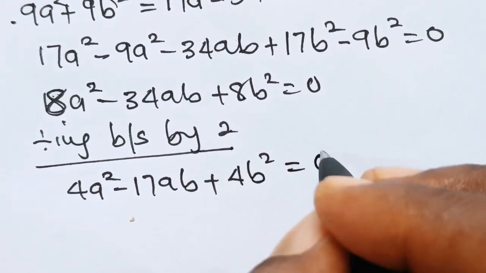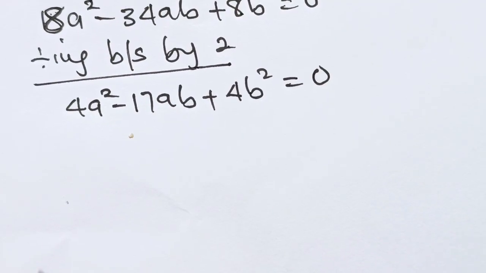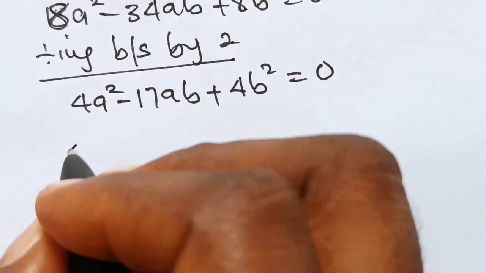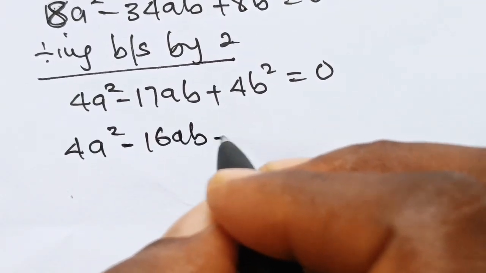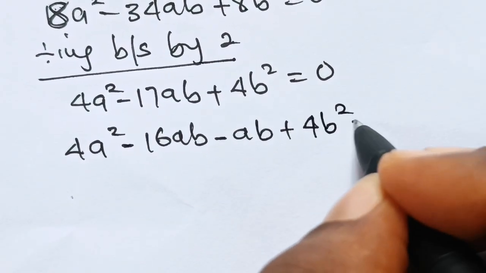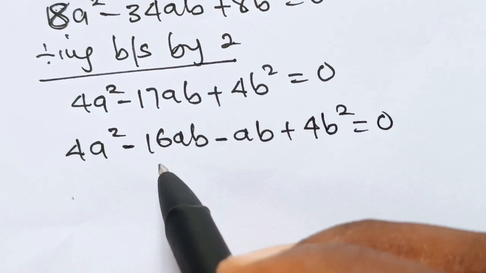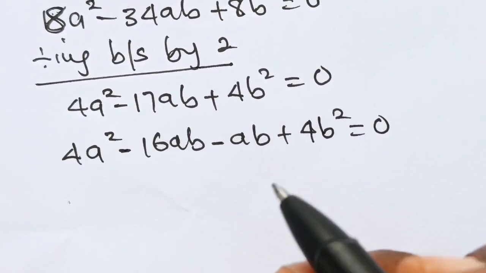And 0 divided by 2 is 0. So having gotten that, we can express this as 4a squared minus 16ab minus ab plus 4b squared is equal to 0, because minus 16ab minus ab is minus 17ab.